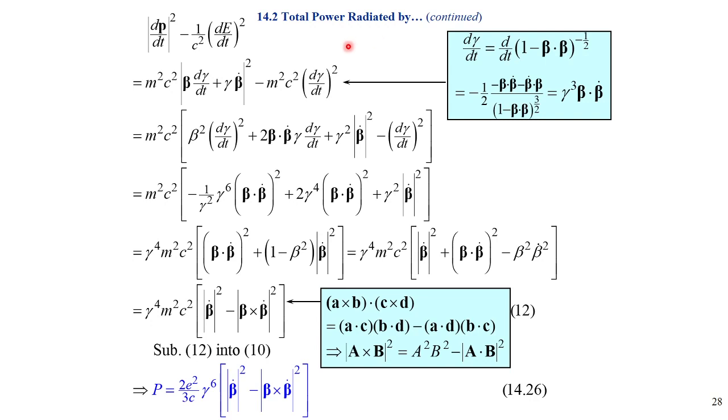14.26. So dp over dt is here, and p comprises two parts. P is equal to gamma m beta times c. mc can move to the front.